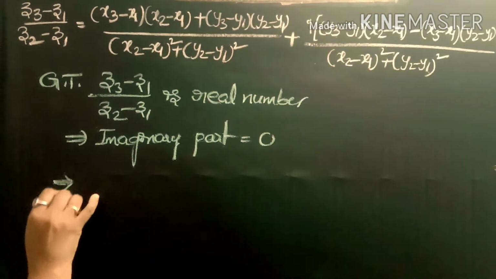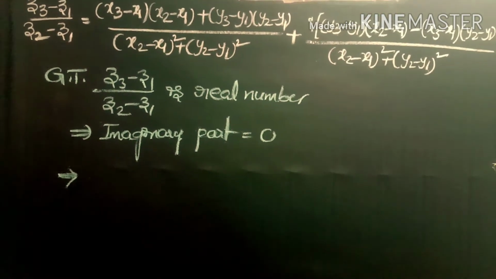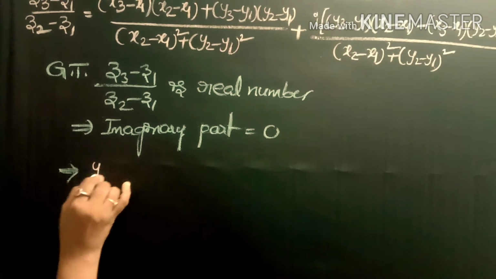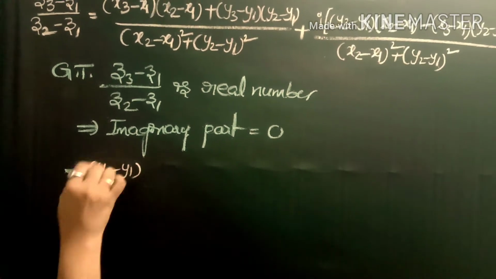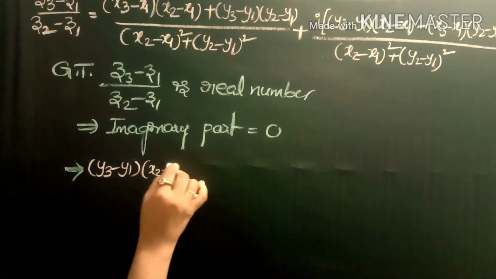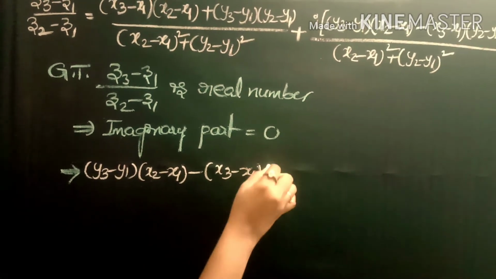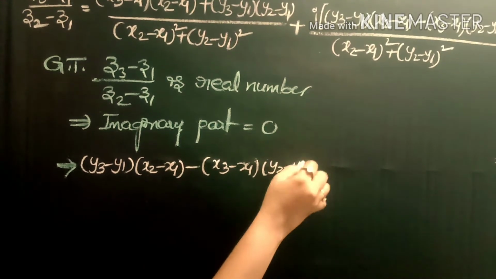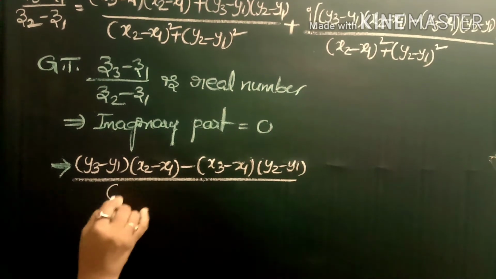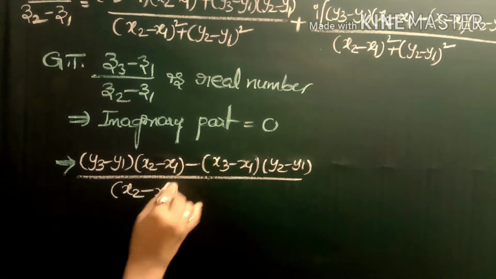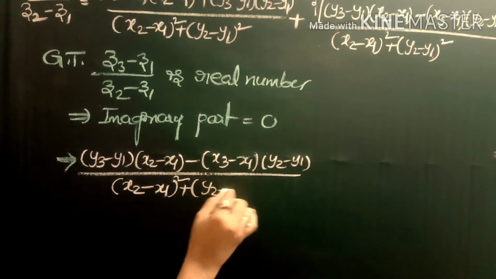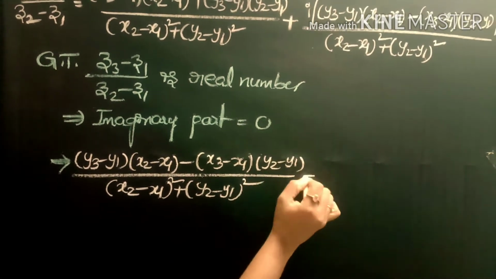What is the imaginary part? The imaginary part is the second part, (y3 minus y1) into (x2 minus x1) minus (x3 minus x1) into (y2 minus y1), whole by (x2 minus x1) whole squared plus (y2 minus y1) whole squared, is equal to 0.